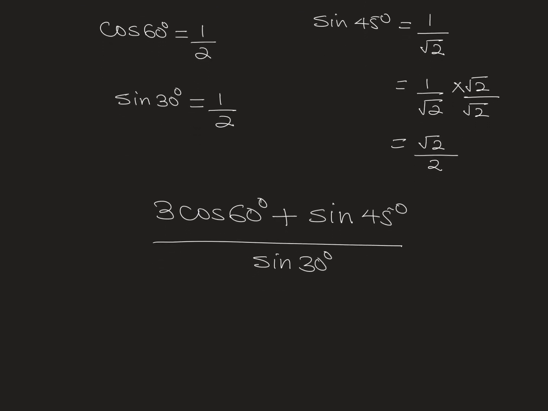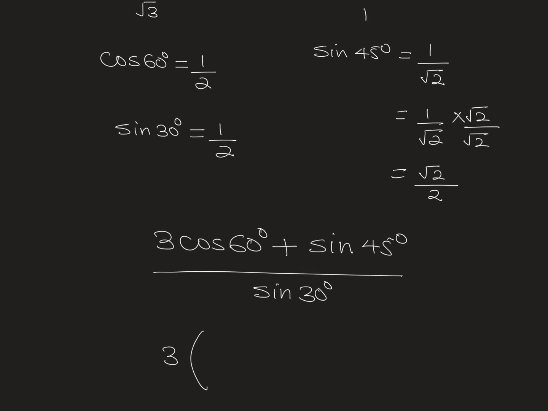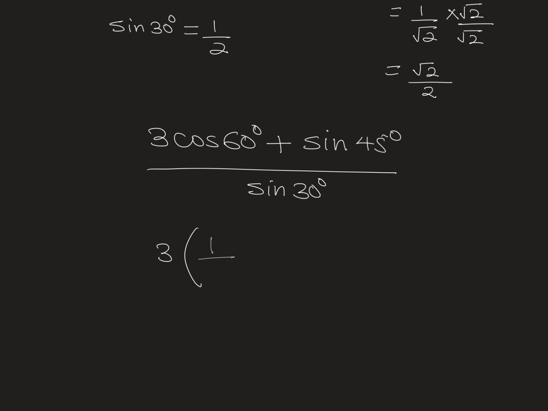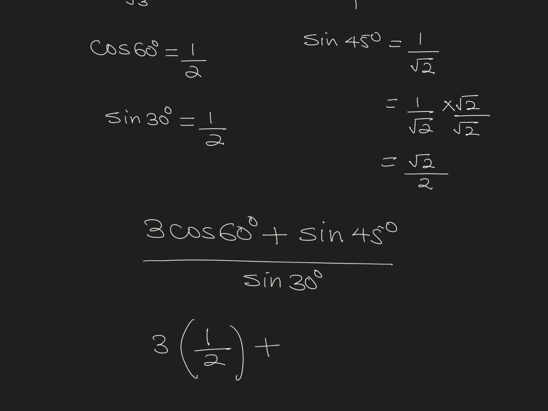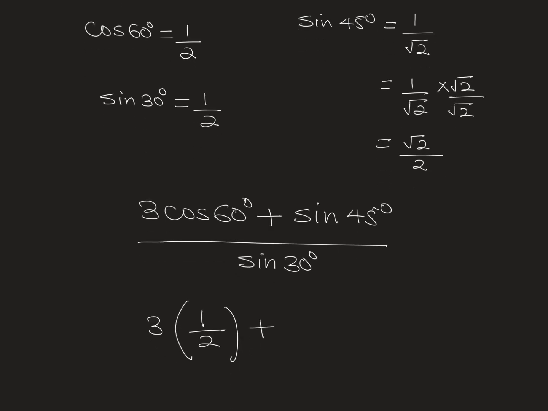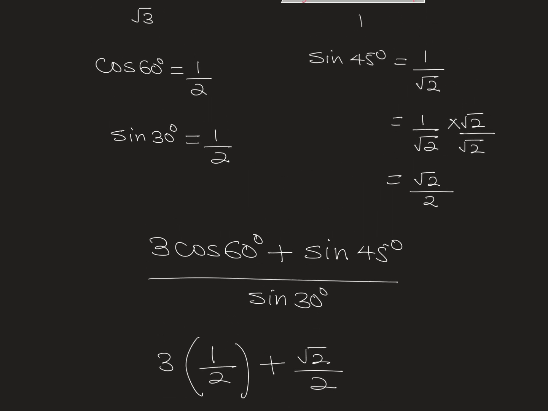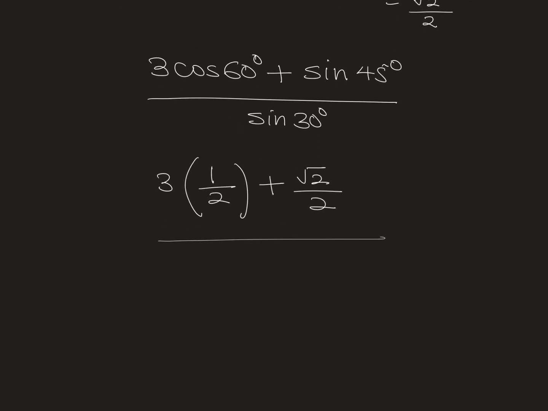We can move on. So that is 3 multiplied by cos 60, which is 1 over 2, plus sine 45, which is root 2 divided by 2, all over sine 30, which is 1 over 2.